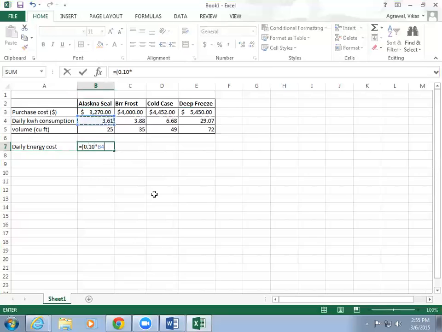That's the rate per kilowatt hour consumption, so that's going to give us the total cost for energy on a daily basis. Are you guys with me? Where did the 10 cents come from? It's given in the book.